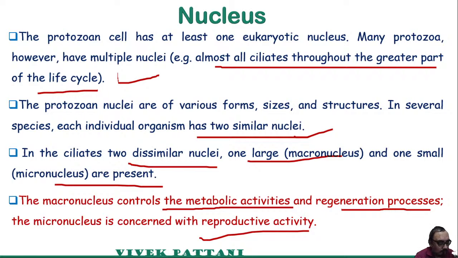Now, in the case of an amoeba like Entamoeba, I forgot to tell you, the nucleus is composed of irregular masses, each containing numerous small particles, and it disappears during the mitosis process.